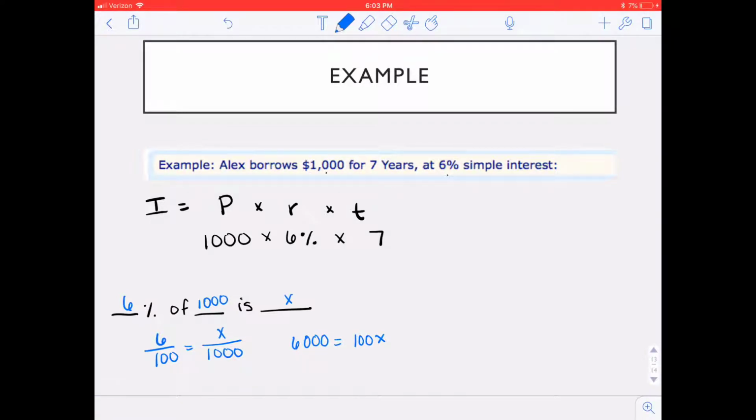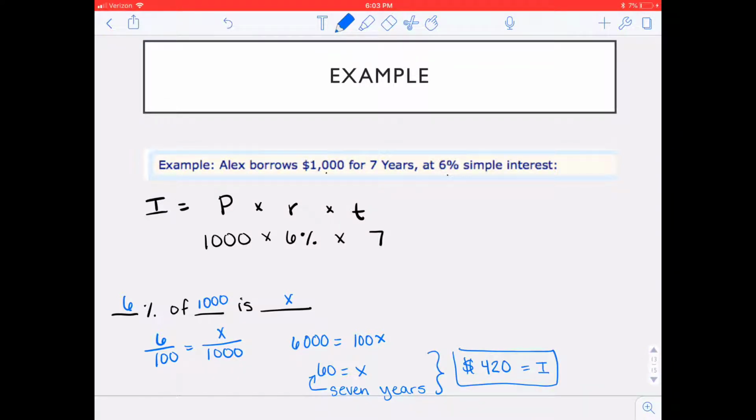In order to get x by itself, I divide by 100, and I get that 60 is equal to x. So now I know that that's the percentage rate value that I'm having to pay, and I need to do this for 7 years. So I'm going to take 60 and multiply it times 7, and that's going to give me $420. And again, that is only my interest value.